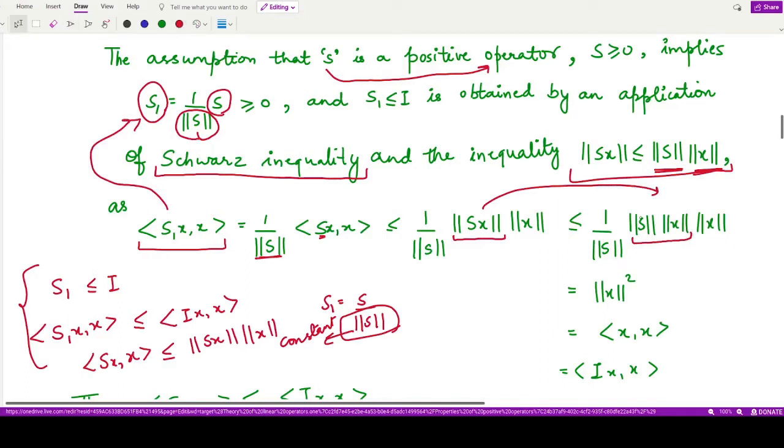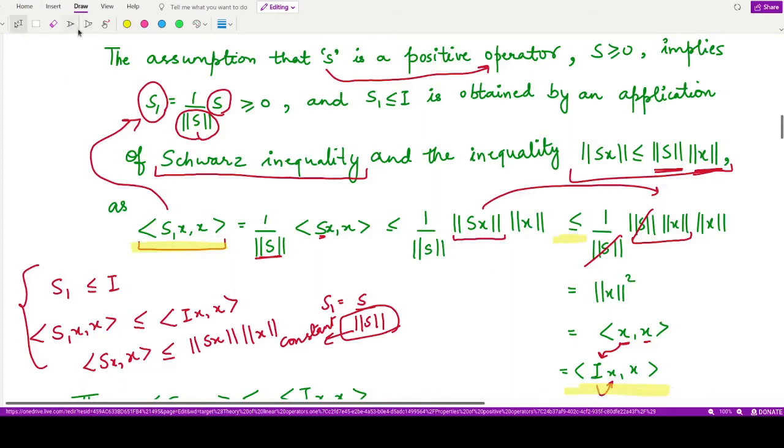Now you see the norm of S here and the norm of S here cancel each other, so we're left with the norm of x squared. You already know from the properties of norm that the norm of x squared is equal to the inner product of x with x, and you can write the first x as identity times x. There is no issue, because whenever you apply the identity operator on a vector x, you get x. So finally we have proved that the inner product of S1x with x is less than or equal to the inner product of Ix with x.